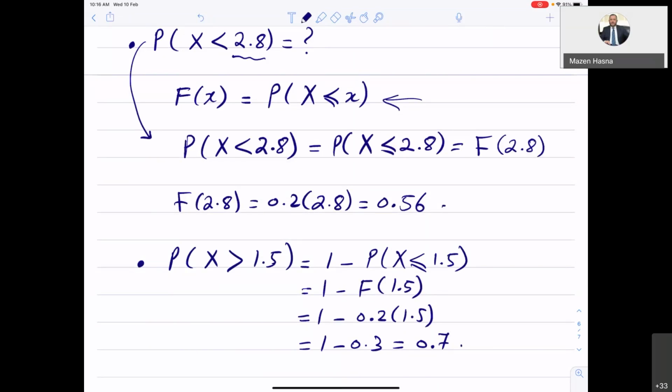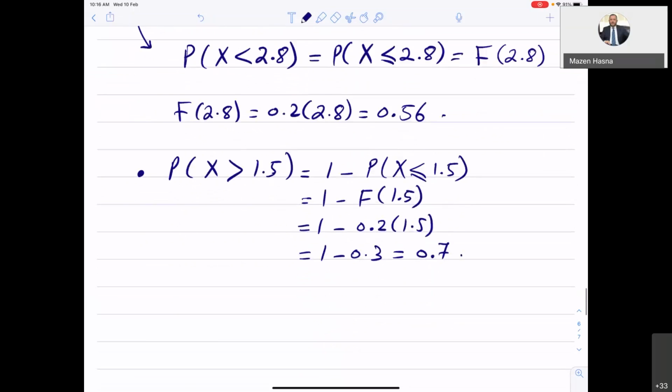Good. I like the third question. This question I have in my slide. So he's asking what's the probability that 40 is less than x less than 60.